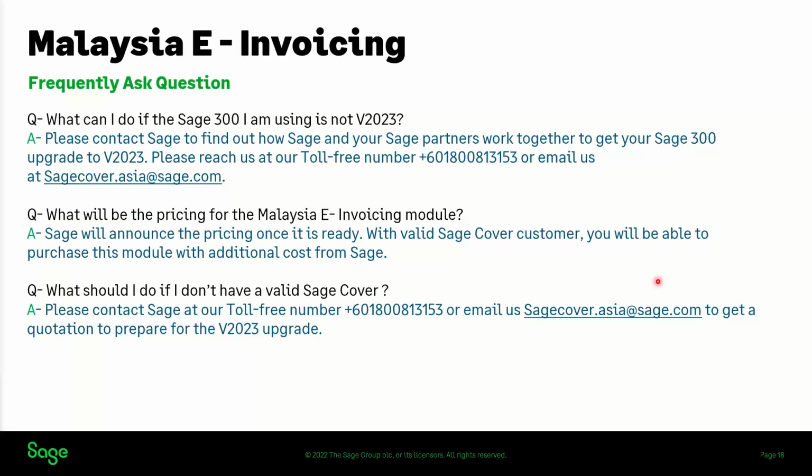Next question: what can I do if the Sage 300 I'm using is not version 2023? Please contact Sage to find out how Sage and your business partner can work together to upgrade your Sage 300 to version 2023. You can call our Malaysia toll-free number at 1800 813 153 or email us at sagecover.asia@sage.com.